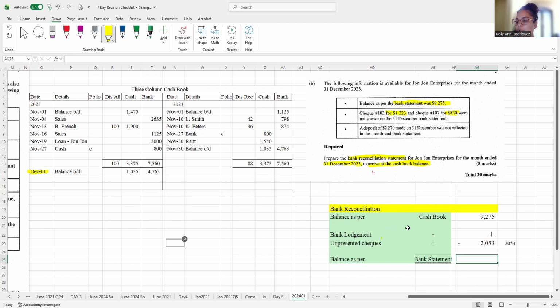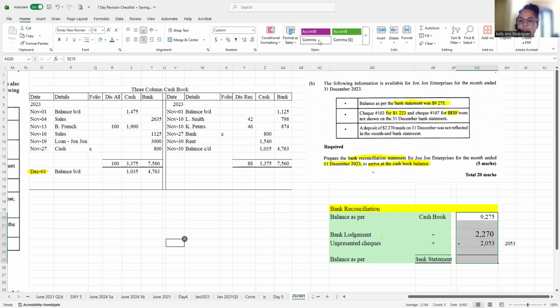So it's a bank lodgement. What you have to do with that is add it back, simple as that, 2,270. And when you sum this up, your balance as per cash book will be 9,492. So this will be a closing balance.